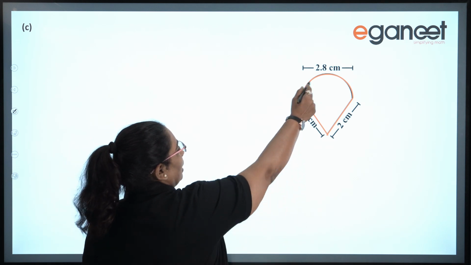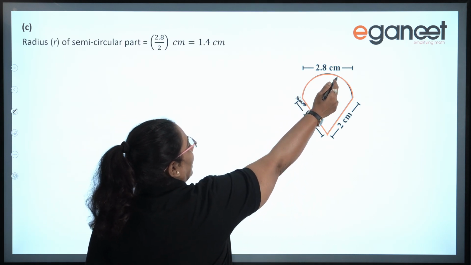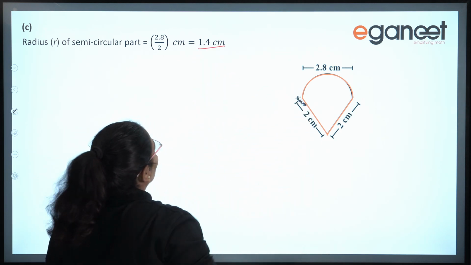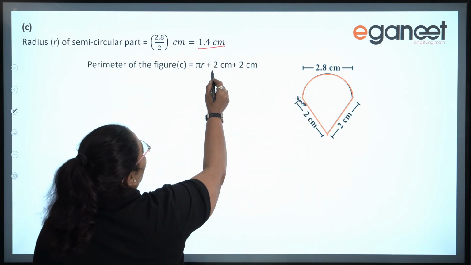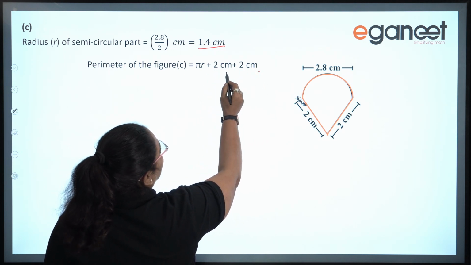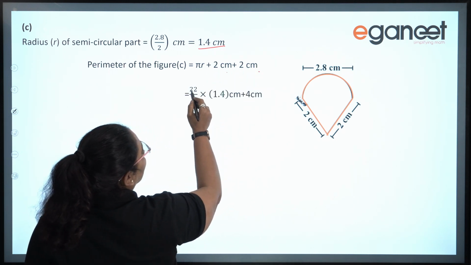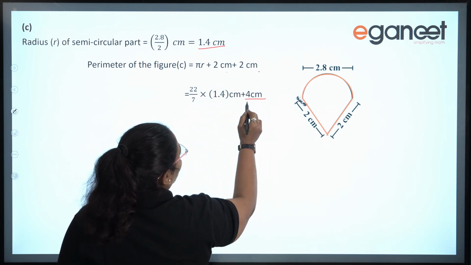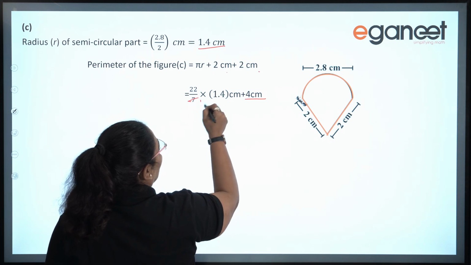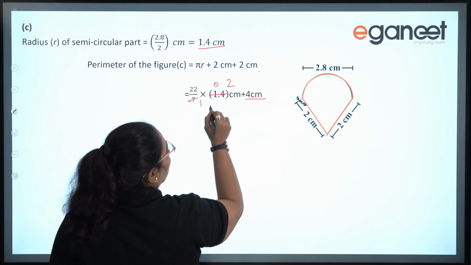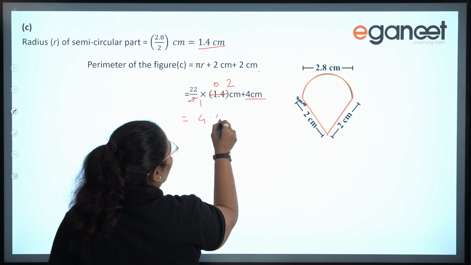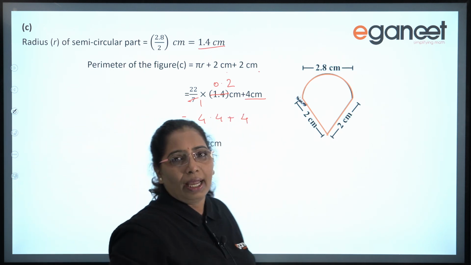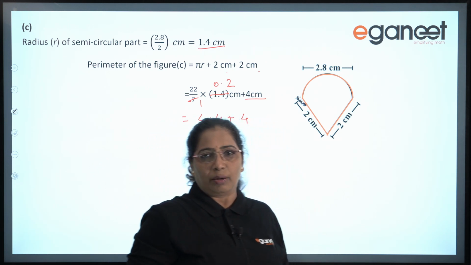Again for value of r, it is 2.8/2, which is equal to 1.4, and the perimeter of the food piece is given as pi r plus 2 plus 2, which is equal to 22/7 into 1.4 plus 4. This again is equal to 4.4 plus 4 centimeter, which is equal to 8.4 centimeter.